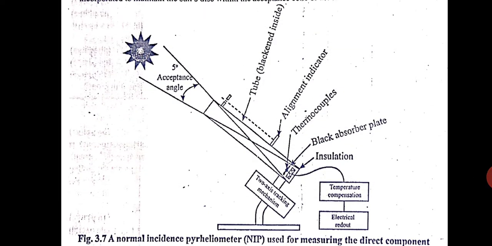You can see the long tube which has got blackened inside, and you have got the black absorber plate, and there are thermocouples, that is called a thermopile here, and at the bottom of the black absorber plate there is an insulation to prevent heat loss, and these thermocouples are connected to a temperature compensation device, and finally there will be an electrical readout.